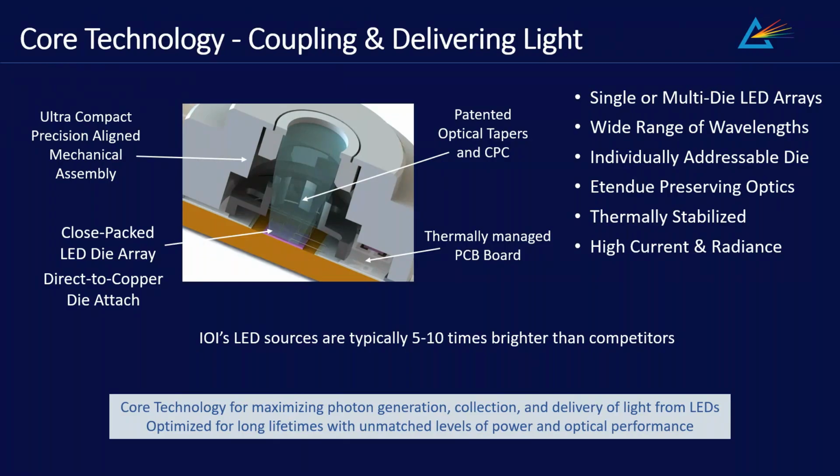In this example here, the close-packed multi-dye LED array is integrated with non-imaging optical structures such as tapered optics and compound parabolic concentrators. They're designed to efficiently transfer the light through the system while maintaining high usable brightness.